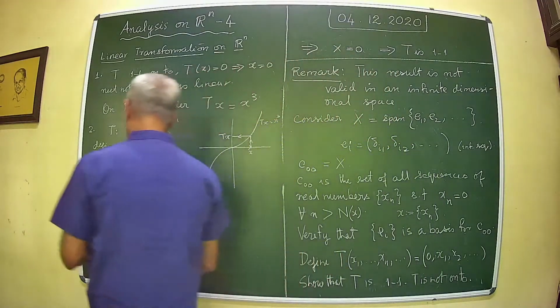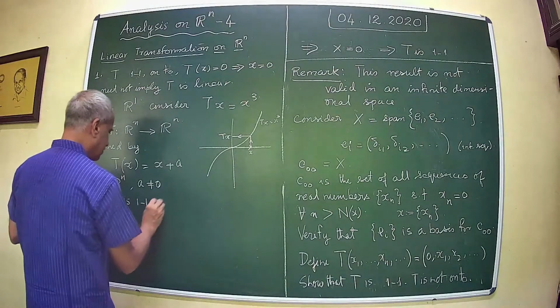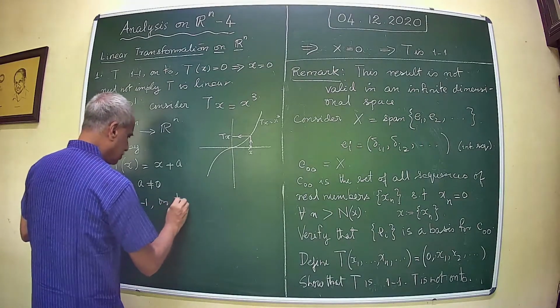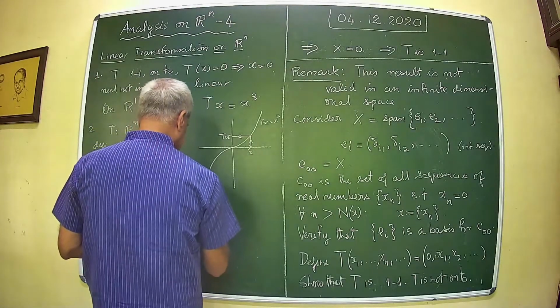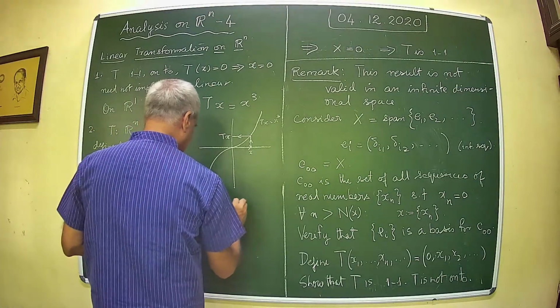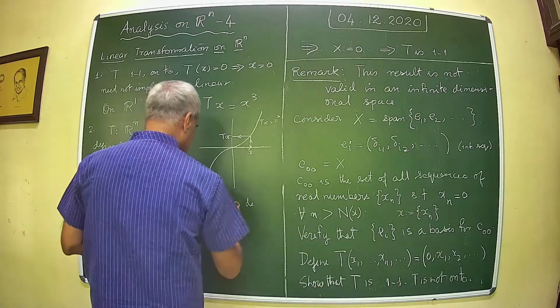T is 1 to 1 and onto, but T0 is not equal to 0.